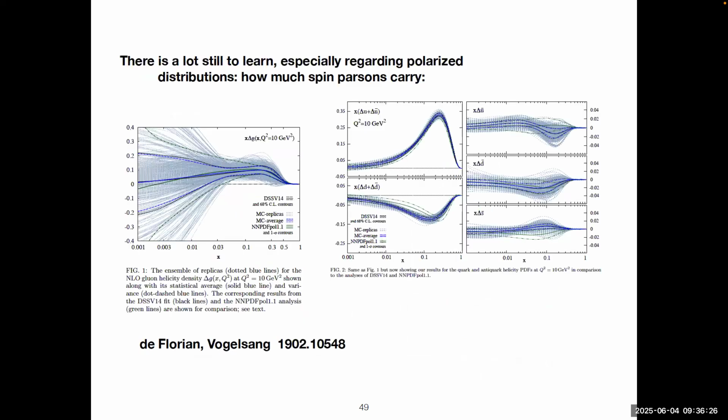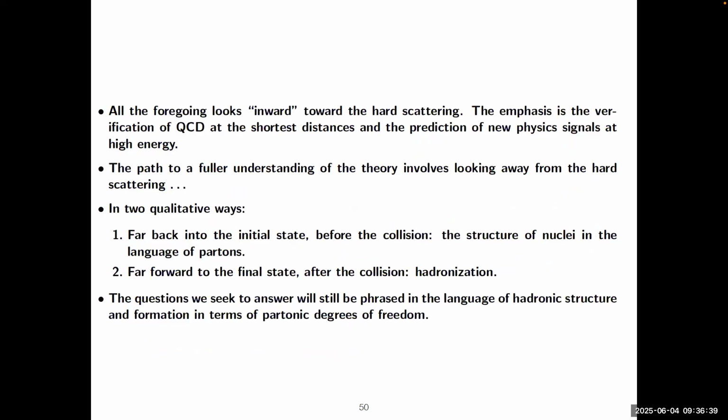And these were kind of early predictions, and we saw the reference to this effort, which is ongoing by Werner Vogelsang and collaborators. So we do have some knowledge of these spin-dependent distributions, but a lot of work remains to be done, and that's, of course, what the EIC is all about.